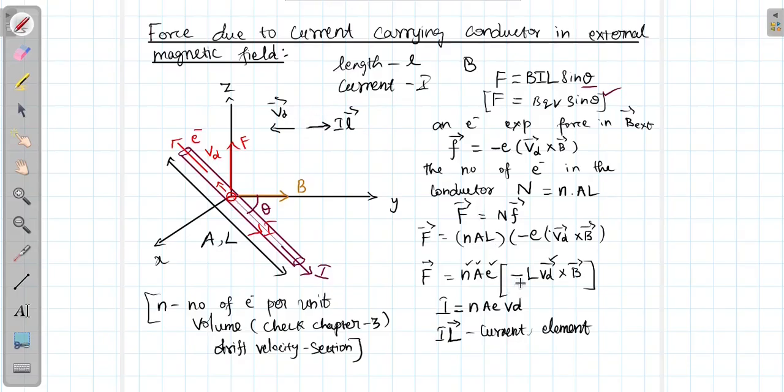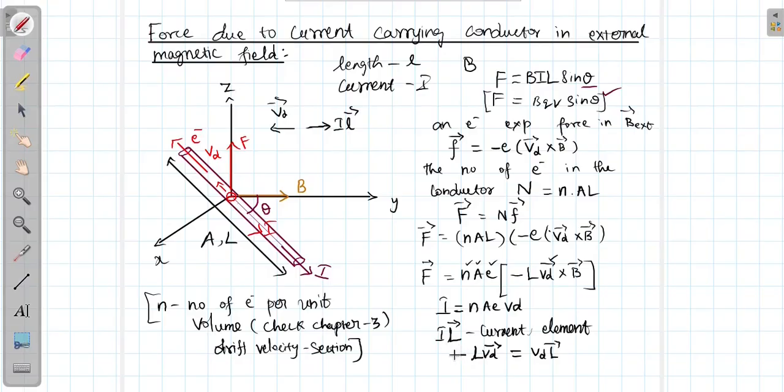These are vectors and they have opposite directions. Suppose I write this term as VD is negative, it means IL is positive. You understand? VD is negative, IL is positive. That's all. Therefore, minus LVD vector is written as VD L vector.